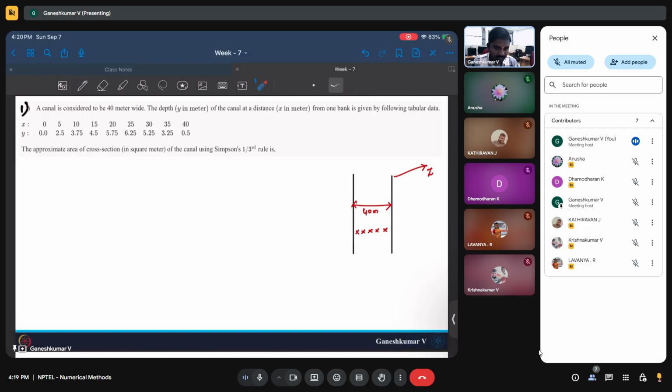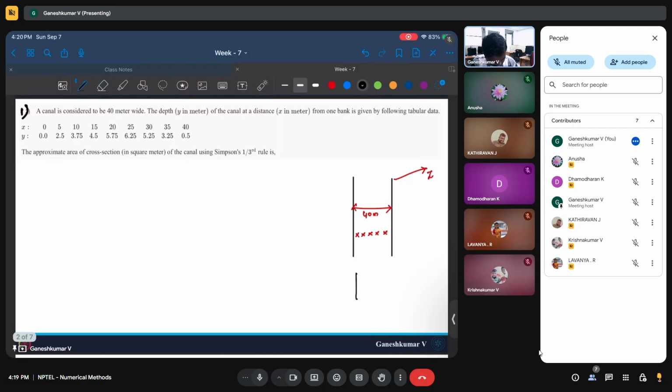Now based on this, you need to find the cross sectional area, so let's say the side view. This is how the flow is going to flow, and they are asking what is the cross sectional area of this canal. Basically, again, the same thing, we just need to integrate the table that they have given.